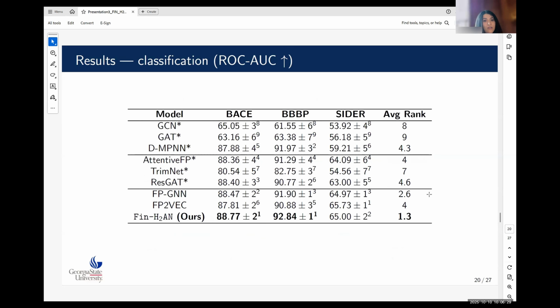For the results, we compared our model with fingerprint-based models and graph neural network-based models. For these classification datasets, our model is outperforming, 2 out of 3. And if we take the average rank, with 1 being the best, it is ranked first.